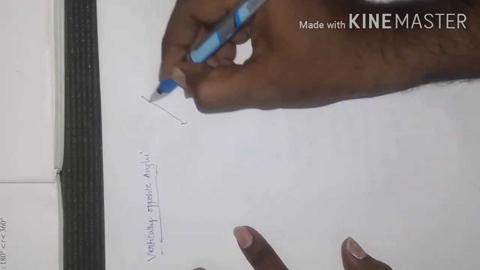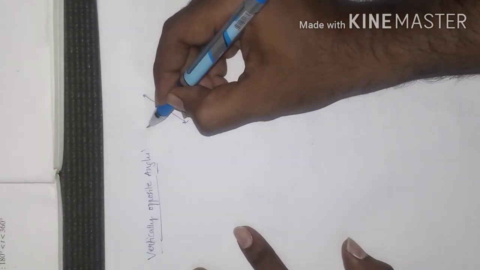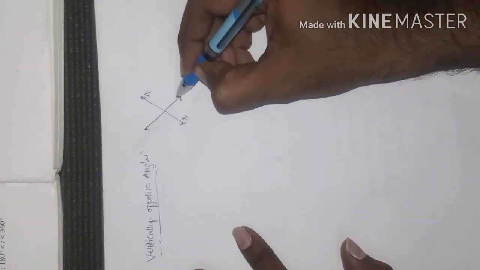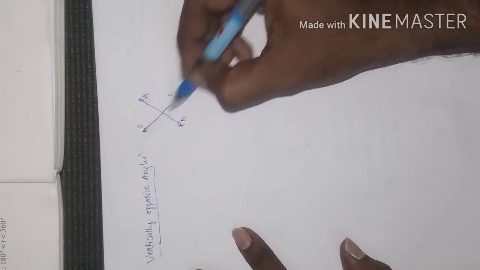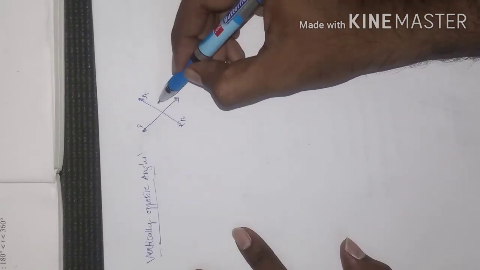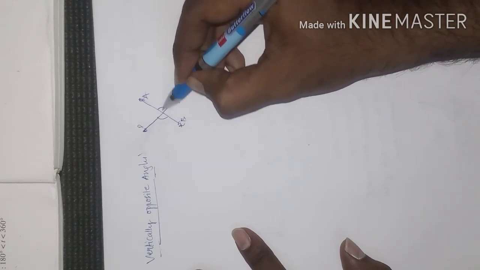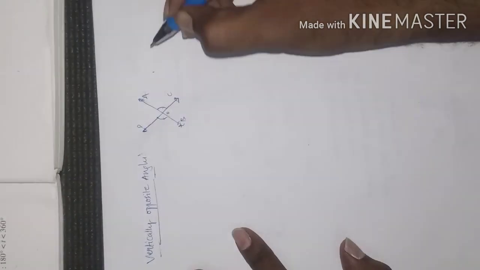This is a line and this is one more line. I'll mark them as A, B, C, and D. When the two lines intersect, the angles formed oppositely are always equal.